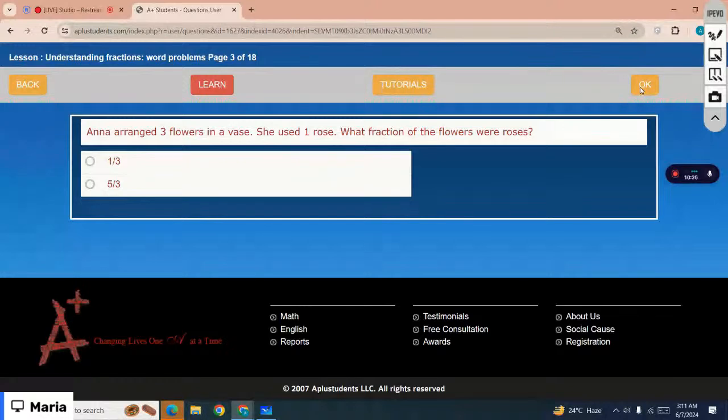The correct option is 1 out of 3, right? Because the total were 3. So you always write the total in the denominator and the smaller number in the numerator. So that is 1 out of 3. Got it?